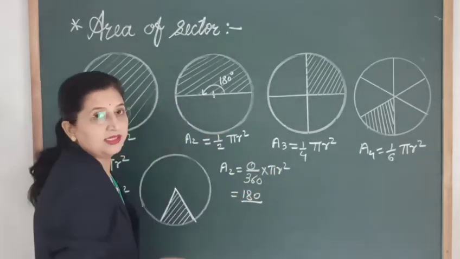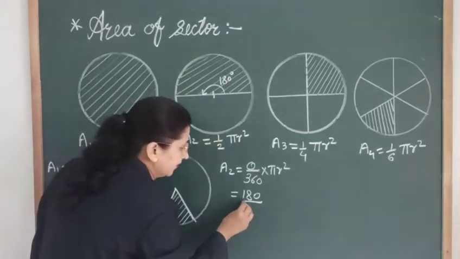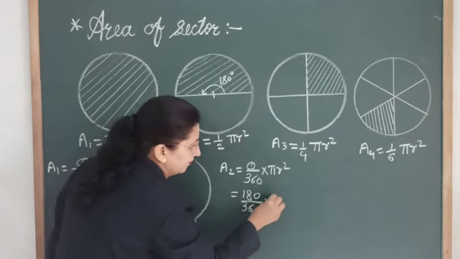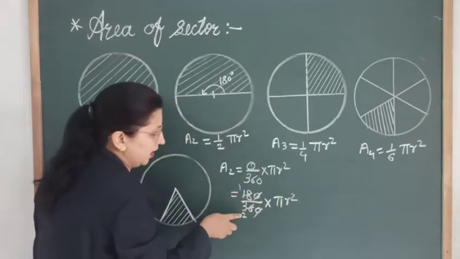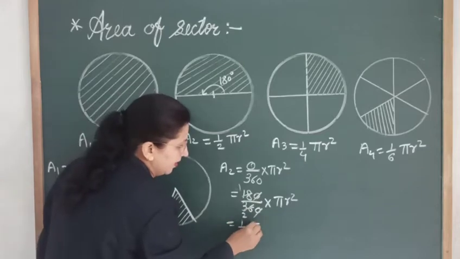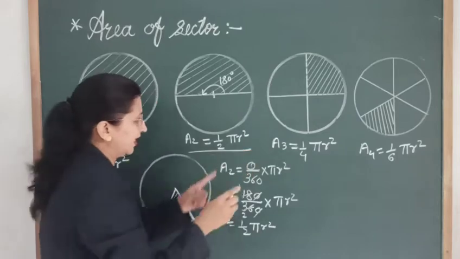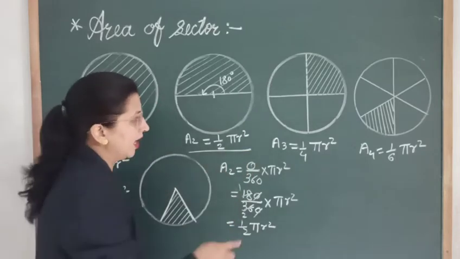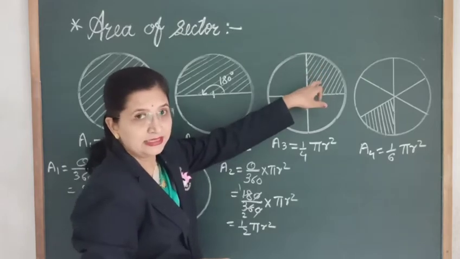In this case the central angle is 180 because it is a semicircle. Now 180 by 360 gives 1 upon 2 pi r square. So in this way we got the formula.